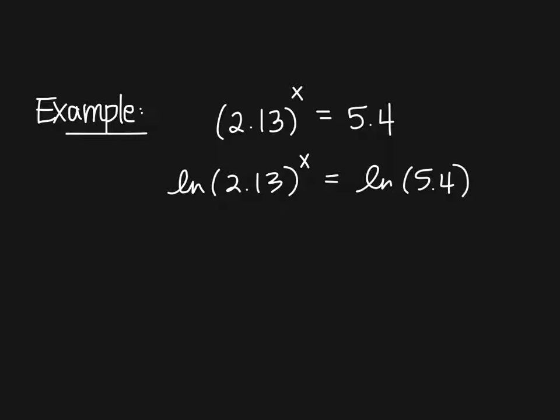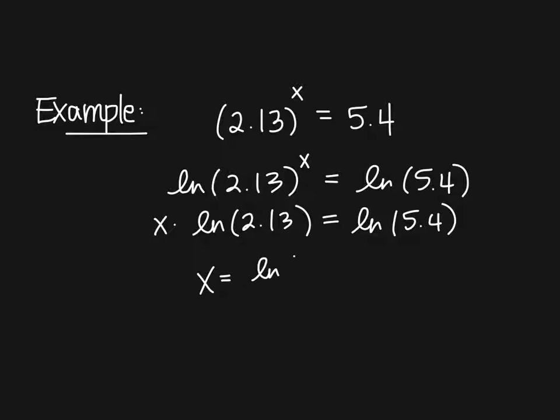My experience shows me the most common mistake is to forget the ln on both sides. Kick the x to the front and then use division. So x is the ln of 5.4 divided by the ln of 2.13.